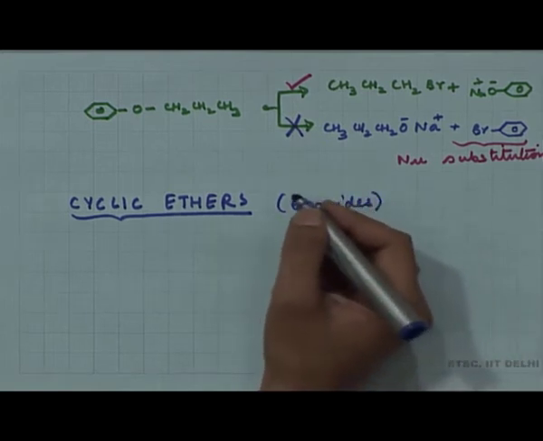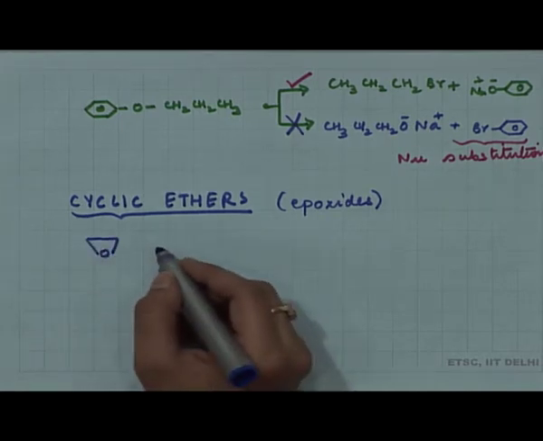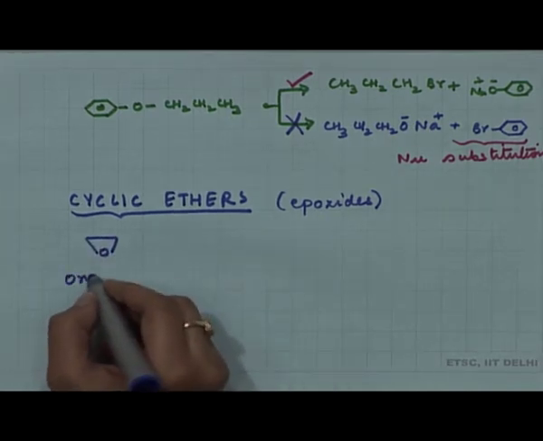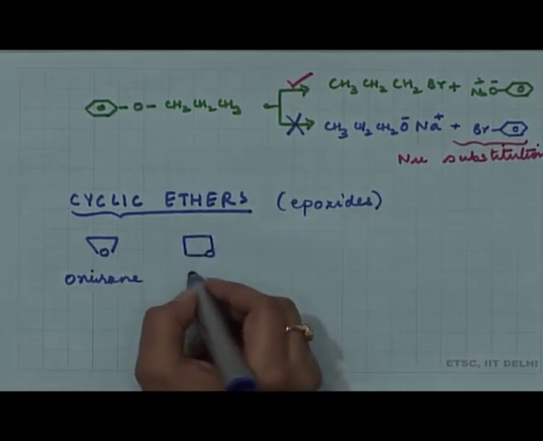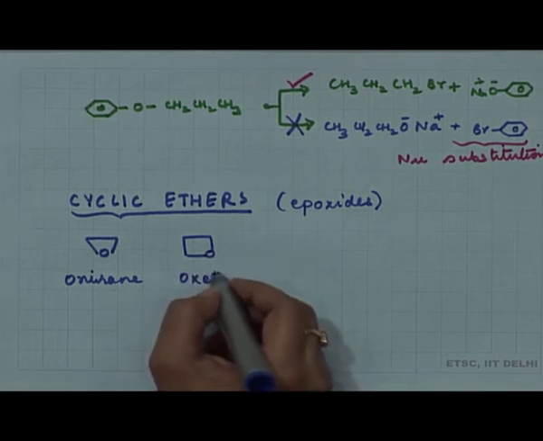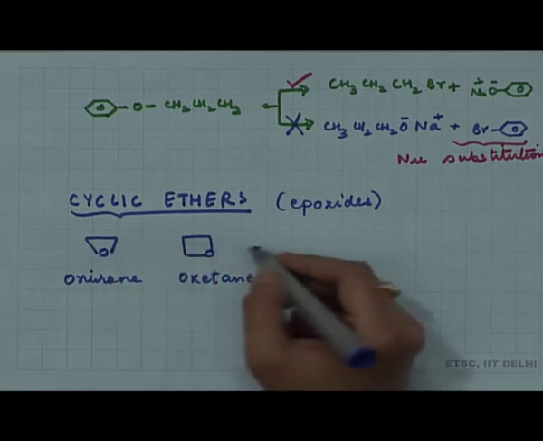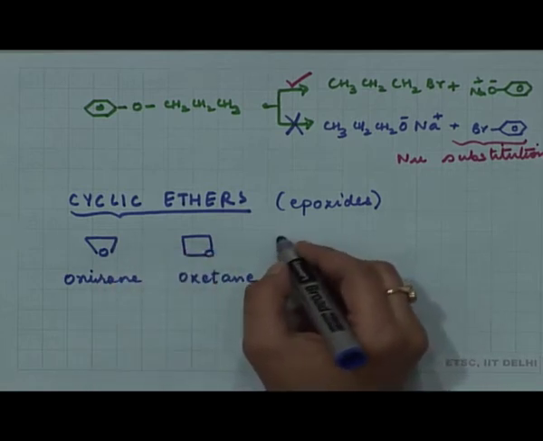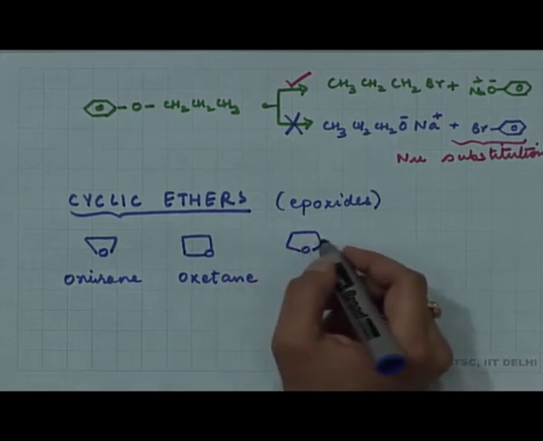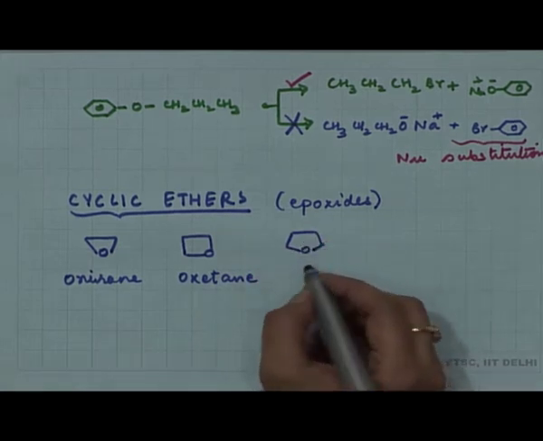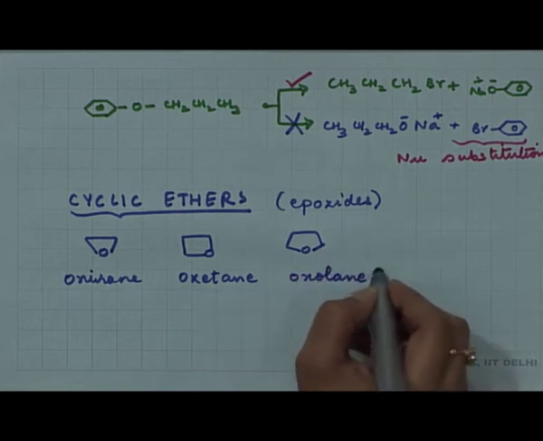So, again depending upon the ring size of the cyclic ether, if you have a 3-membered ring with one of the atoms oxygen, this is called oxirane. If you have a 4-membered ring with one of the atoms oxygen, it is called oxetane. So, oxy is telling that there is an oxygen, and the rest of this is telling about the chain length of the cyclic ether. If it is a 5-membered ring, which we just saw a few minutes ago, we called it tetrahydrofuran, and this is called oxolane as a general nomenclature.